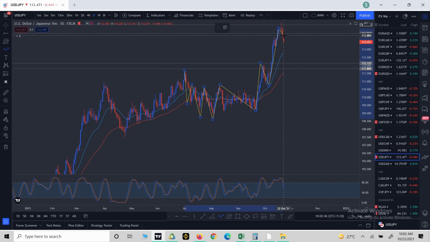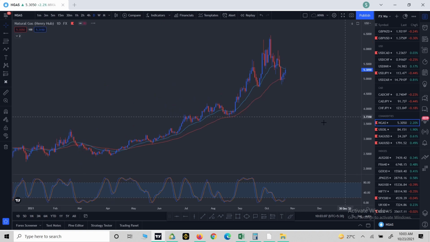Once the price hit this zone, we can look for some kind of bearish price action on the H4 and H1. Anyways, right now the price is pulling back lower, and we are going to wait for the price to pull back into this recent broken zone. Once that happens, we are going to go to lower time frames H4 and H1, look for some kind of bullish price actions to go long.